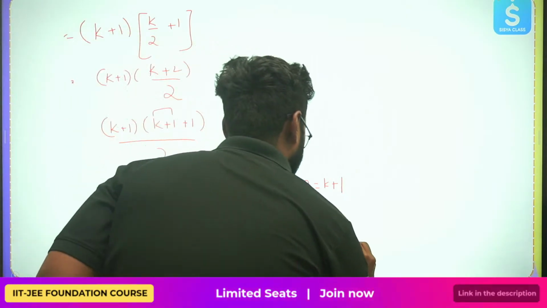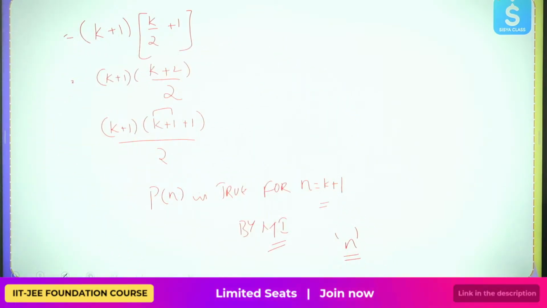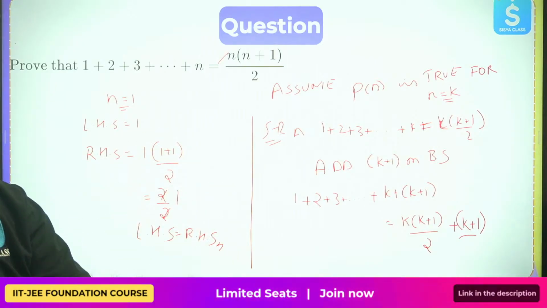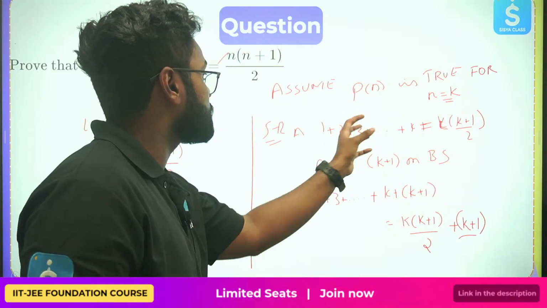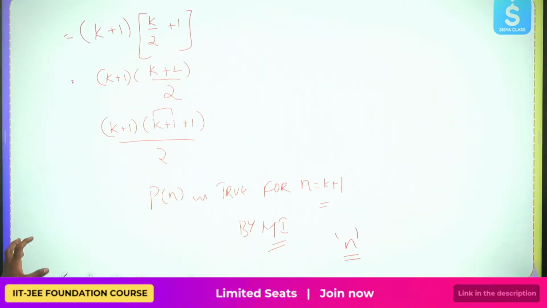This is how we were doing. We were considering the first n case. Then we assume this is true for n is equals to k. Then we have put on the value n is equals to k plus 1. We added them both and the final we have got it as k plus 1 by 2.